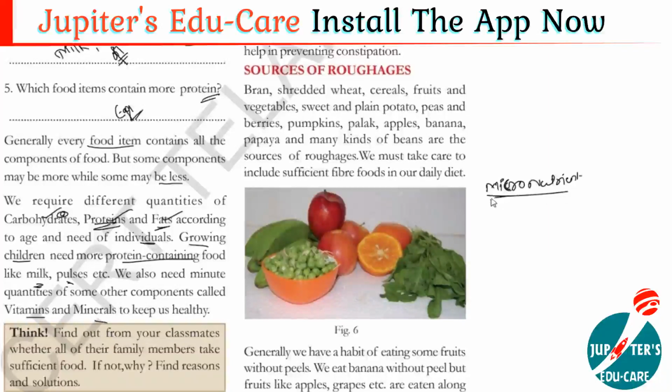Compared to them, carbohydrates and proteins are required in large quantity, so they are macronutrients: the nutrients which are required in large quantity. The nutrients we require in small quantity are called micronutrients. Here the micronutrients are vitamins and minerals.